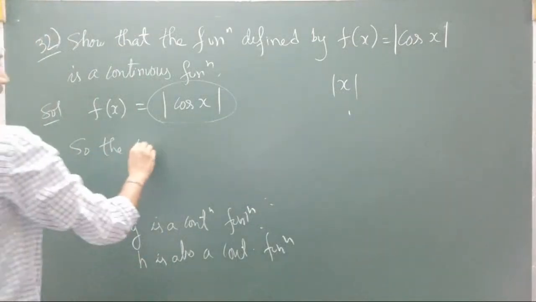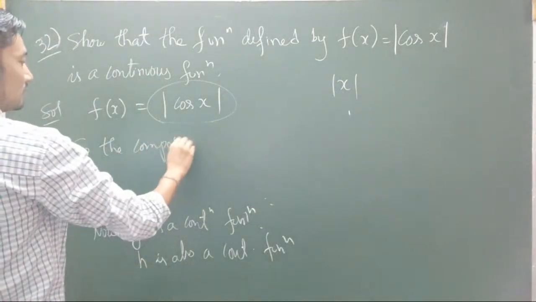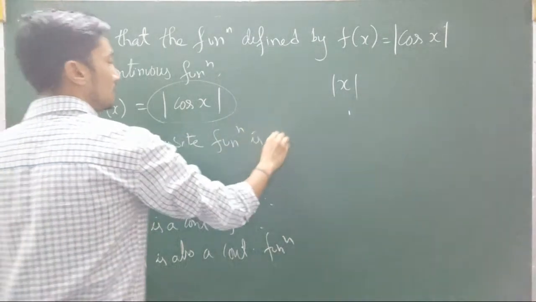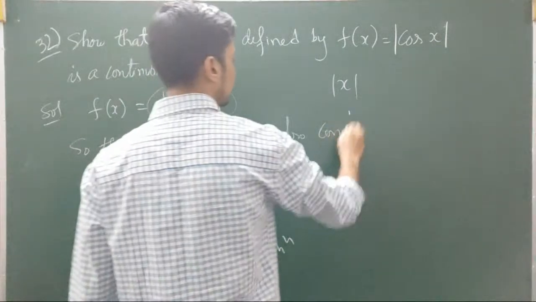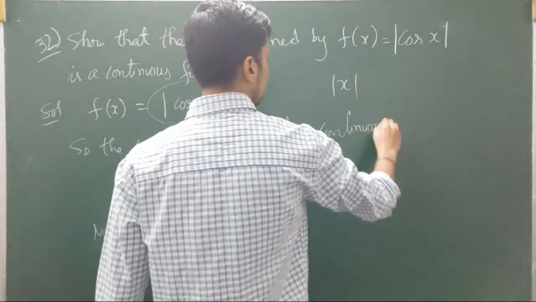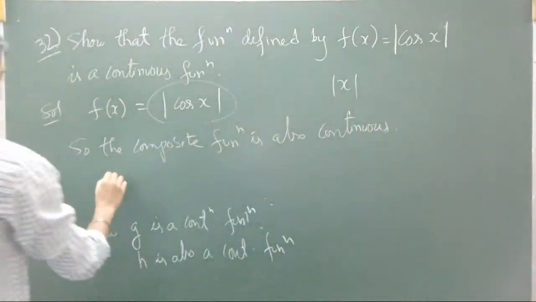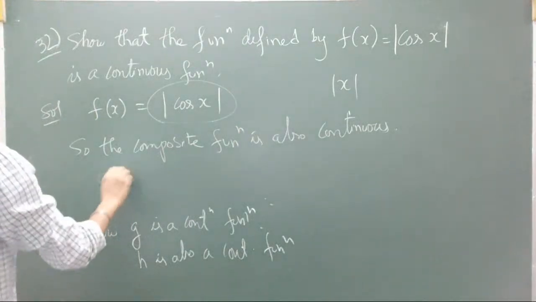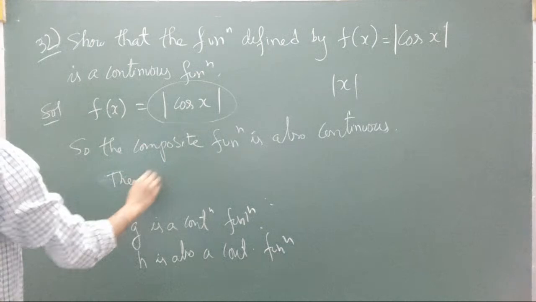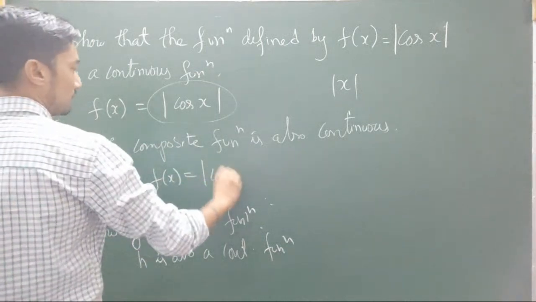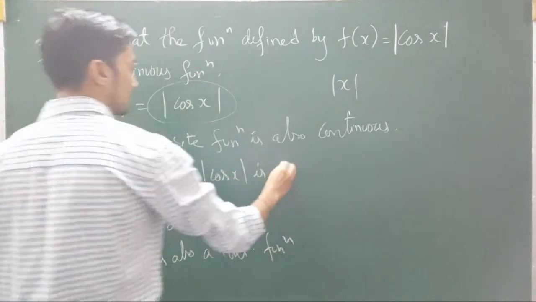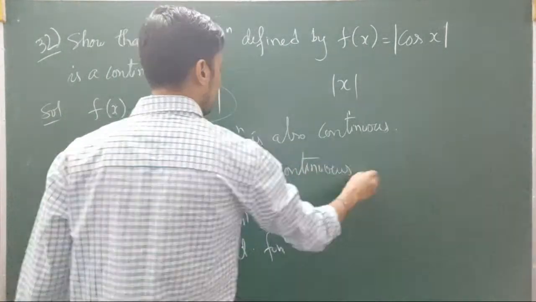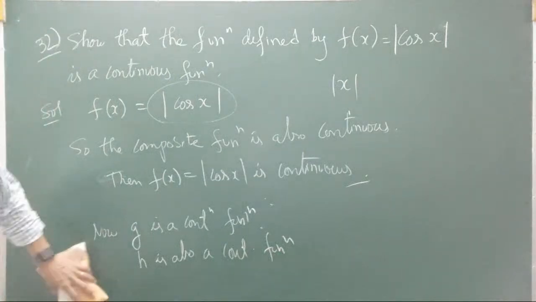So the composite function is also continuous. So then f of x equals mod of cos x is continuous.